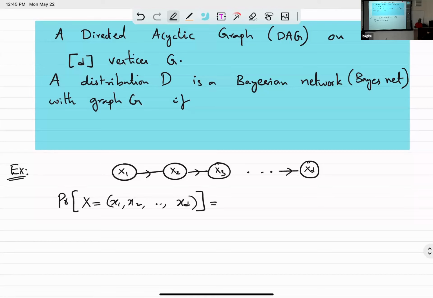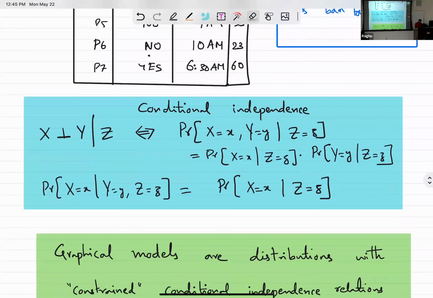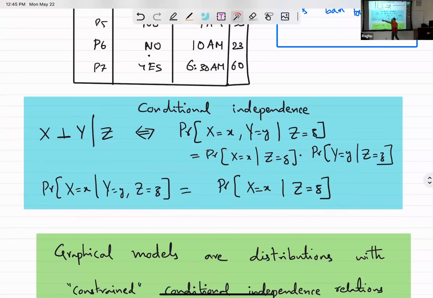Exactly, right? The simplicity in a Markov chain is that the conditional probabilities are actually simpler. The distribution of the last one, conditioned on everything else, is just whatever you get from conditioning only on the previous one. So if you go back to a notion of conditional independence, I would say this interpretation is actually the more useful mathematically. Conditioning on two things here is really the same as just conditioning on one thing.